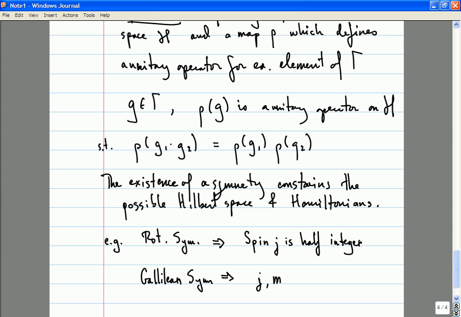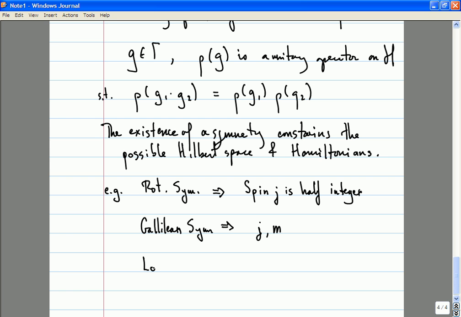Likewise, if you generalize this to Lorentz symmetry, as you would in special relativity, life gets a little bit more complicated.